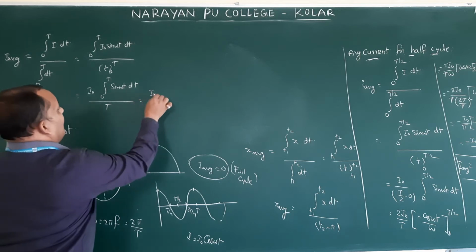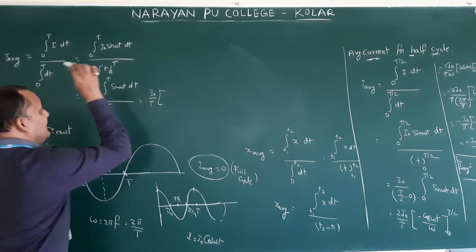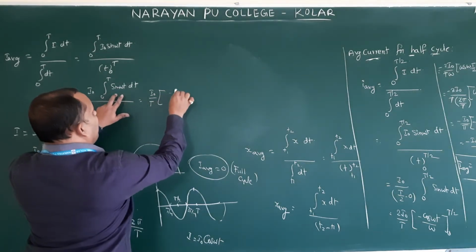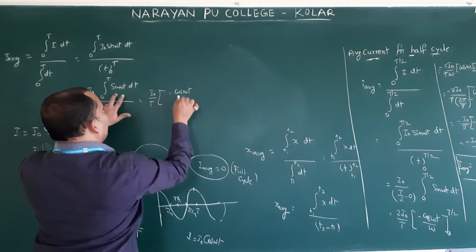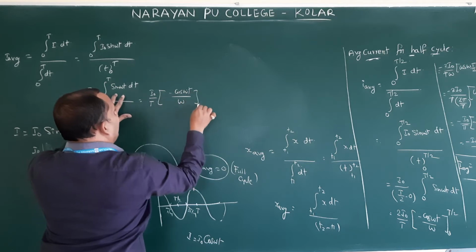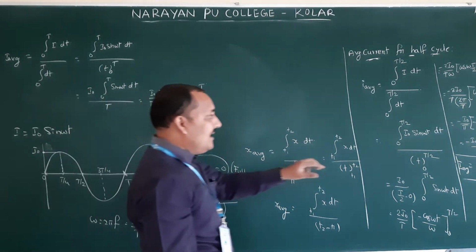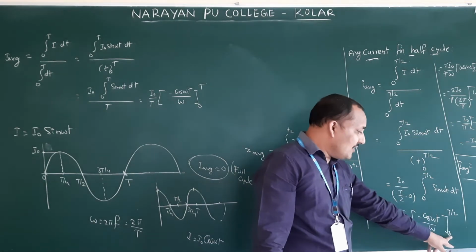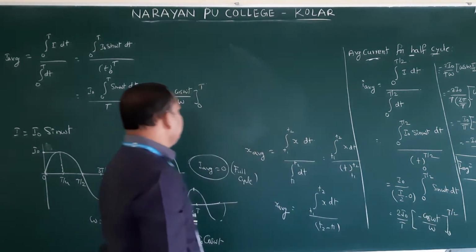If you do this integral of sin omega t dt, it is minus cos omega t divided by omega between the limits. Same as before up to here, but the limits are going to change: 0 to T.